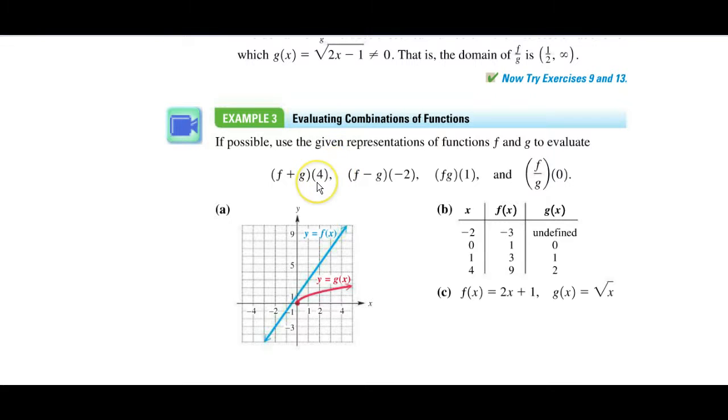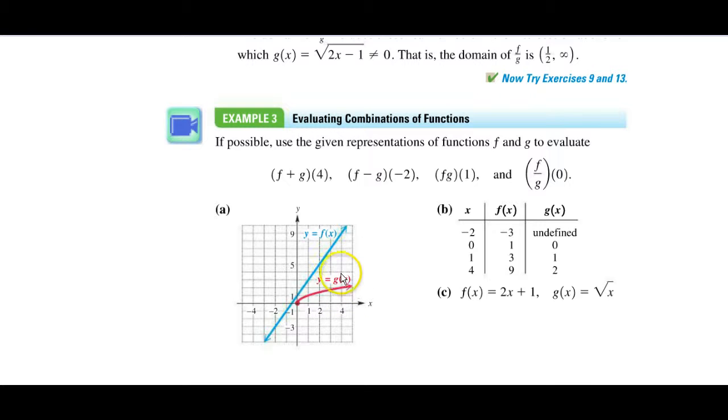Here they're saying that x is 4, and it's the sum of these. So again, our 4 is x. So we go down to our x-axis: 1, 2, 3, 4.